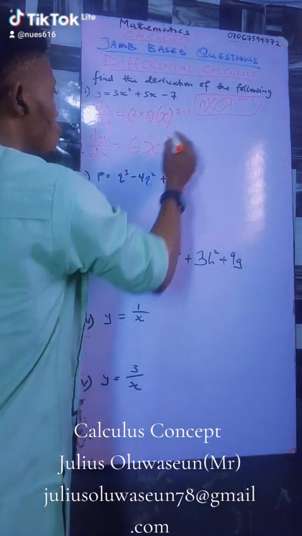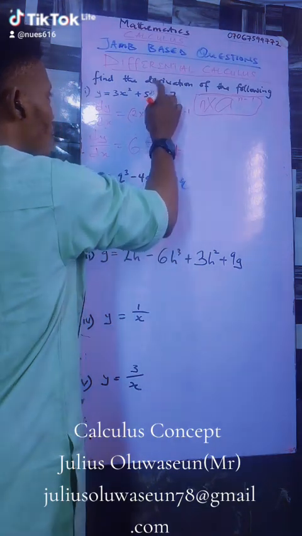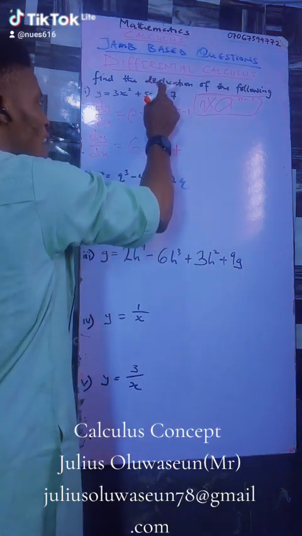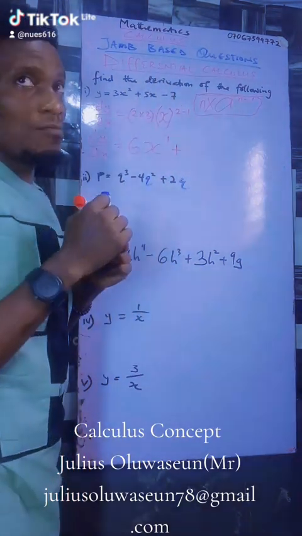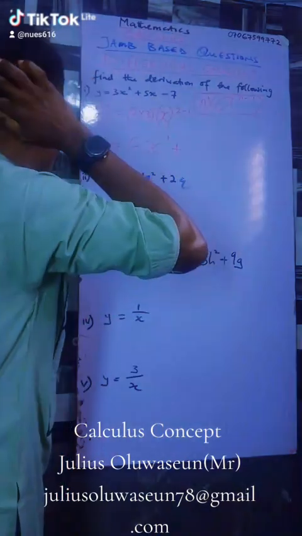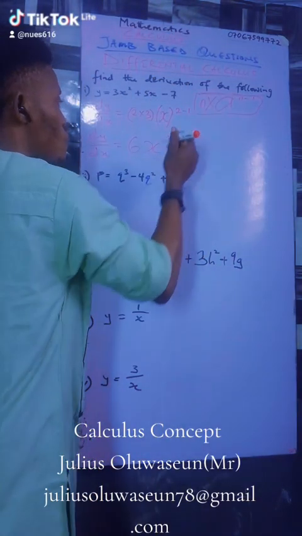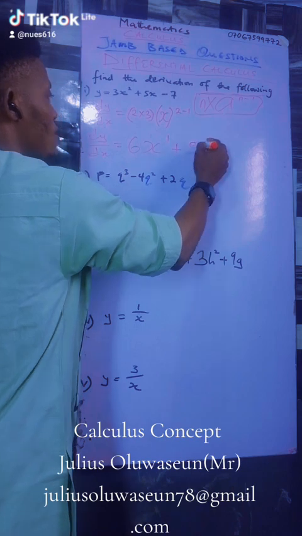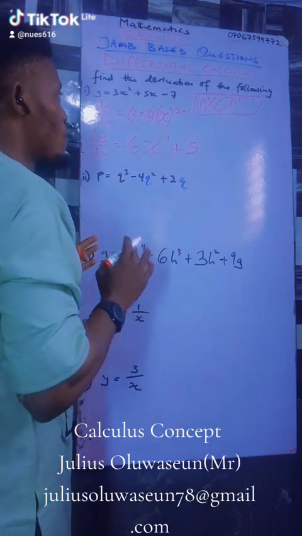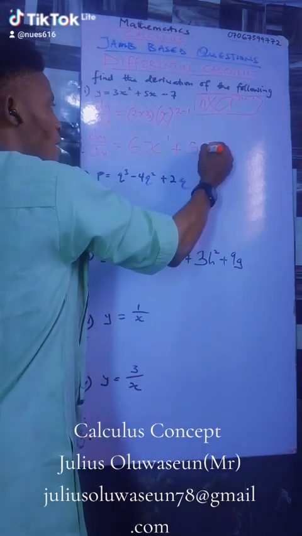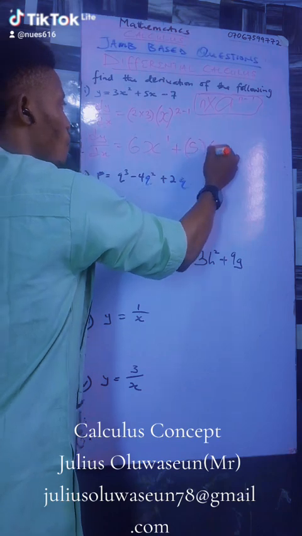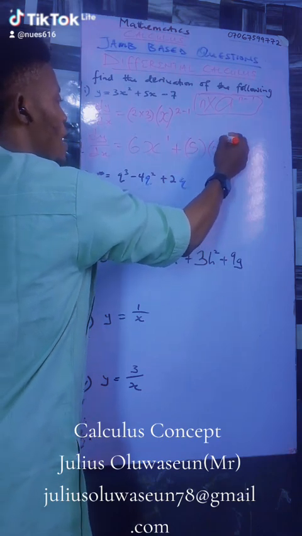So you proceed with the second one. The power of this 5x is 1, but it is invisible. So in actual sense, you will need to use this 1 to multiply this 5. It's going to give you 5. Let me write it this way: 5, open bracket, x power 0.